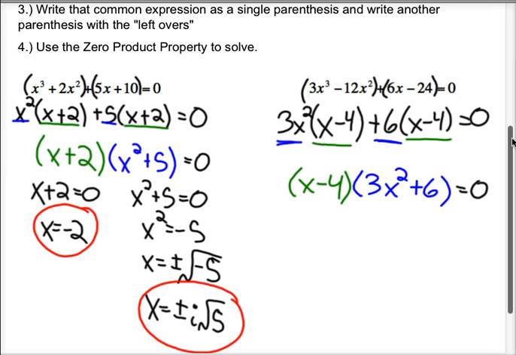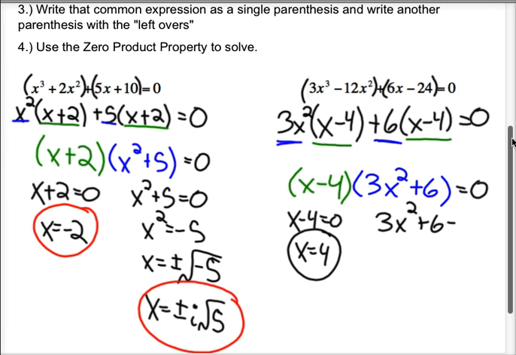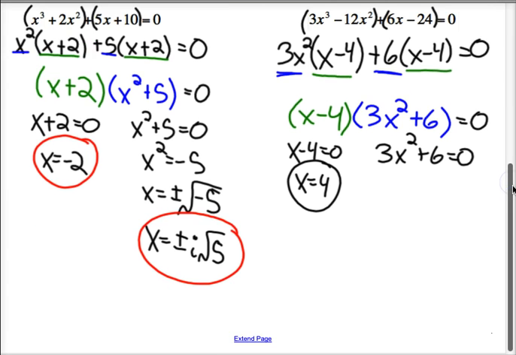All right, and now once we get to this point, now we have to finish solving. So we have that x minus 4 equaling 0. So we get a solution of x equals 4. Now 3x squared plus 6 we set equal to 0. And now don't forget, we have a square term and we have the constant. So we can solve this by square rooting.